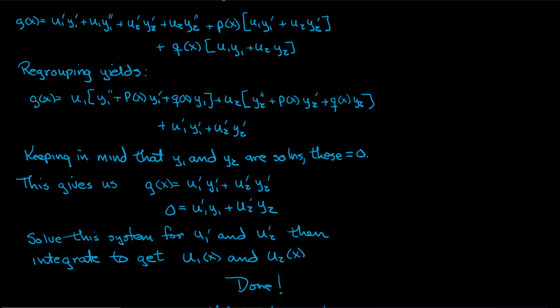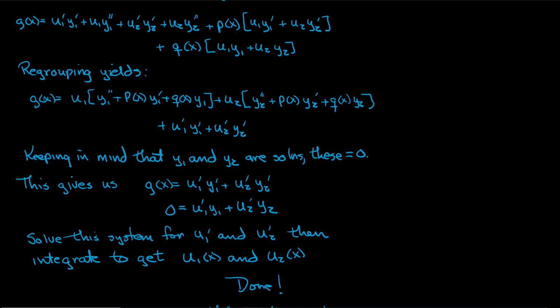And remember, y2 is a solution. Just like in the first term over here, y1 is a solution, which means that both of these top terms are equal to 0 because y1 and y2 are solutions to that equation, in each case, in the brackets.